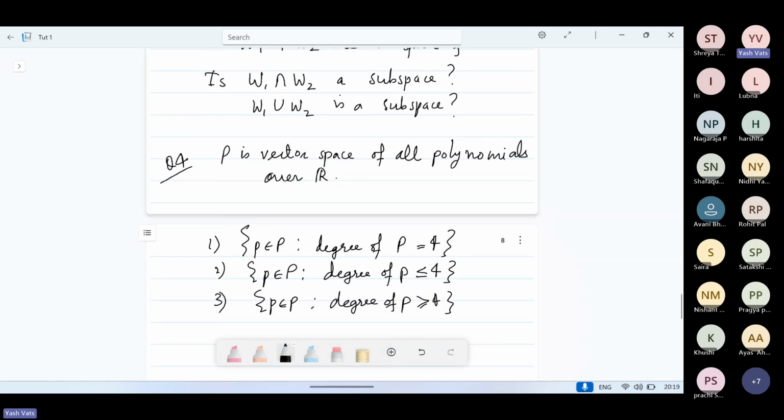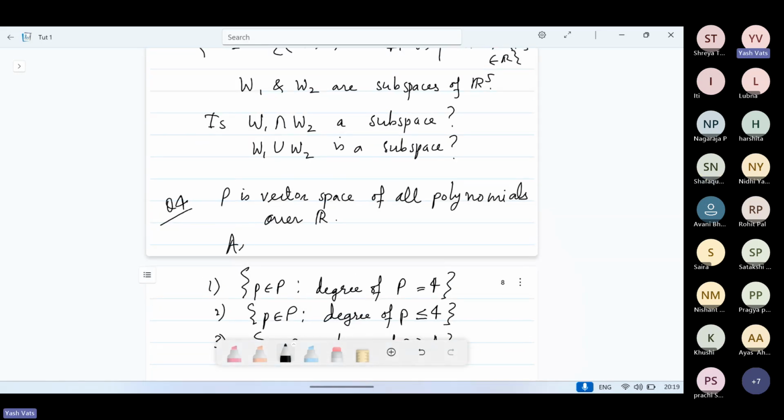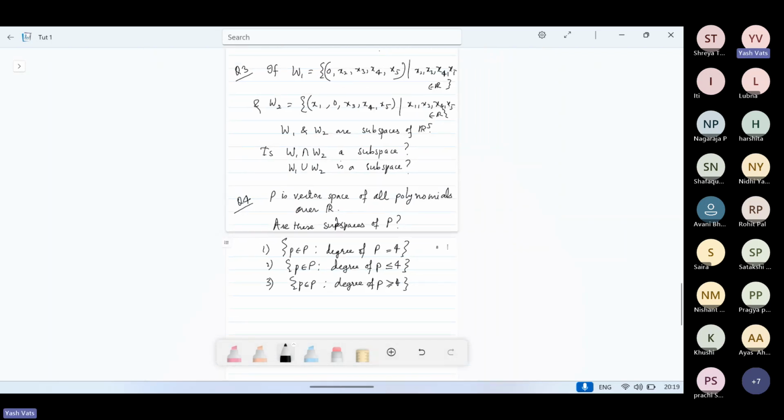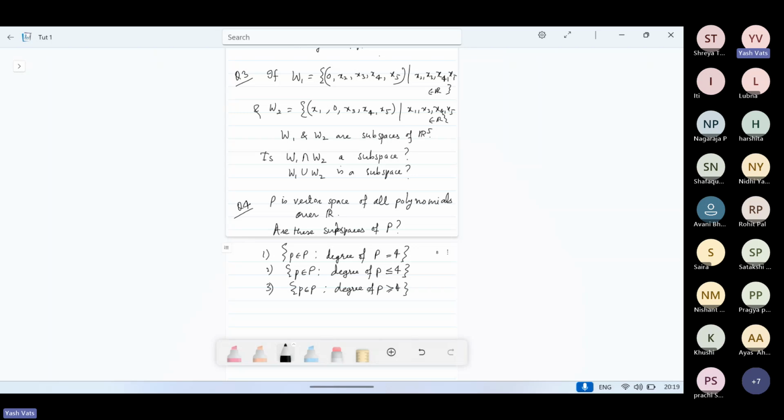Then check whether these are subspaces of P. Capital P. These are small ones. So just check these two questions and let me know the answers. Take 5 to 10 minutes and let me know. How do you approach it mainly?